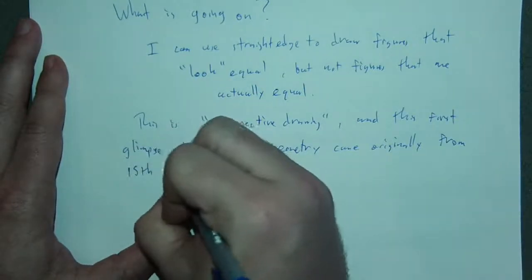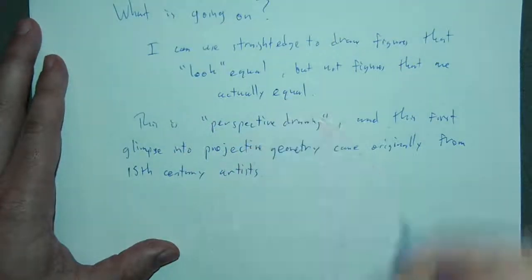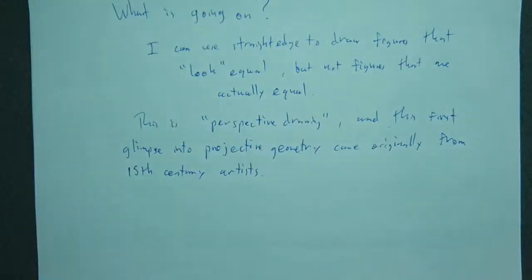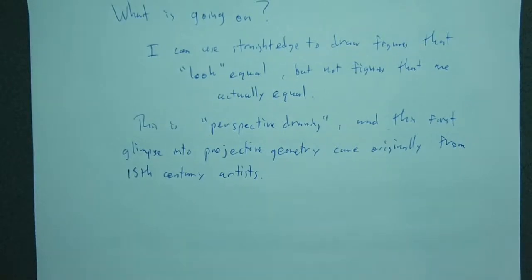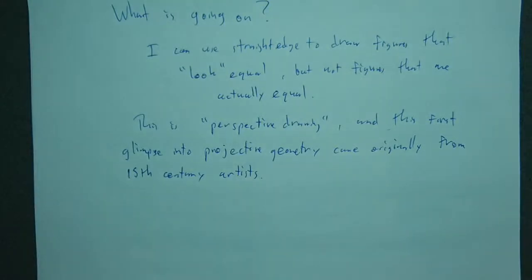It came originally from 15th century artists, mostly in Italy. In fact, it might have originated entirely in Italy. Okay. So this is definitely a fun thing because, like I said, it's not every day you get to say that artists were the inspiration behind some field of math.